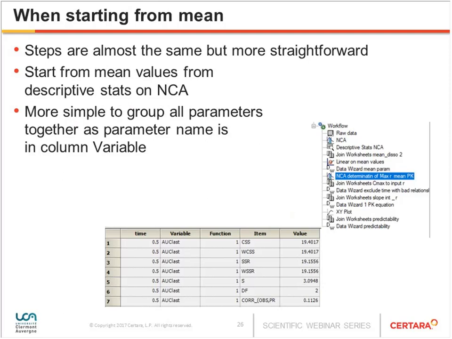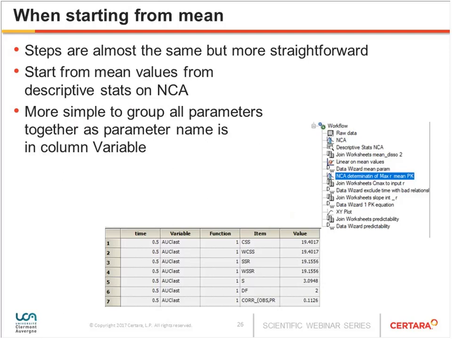When I don't want to use the individual data, I can do the same thing directly on the mean value. The only difference is that I make all the same steps, but I don't use the individual data, but the result of the descriptive statistics of the NCA directly to perform my Level C IVIVC.